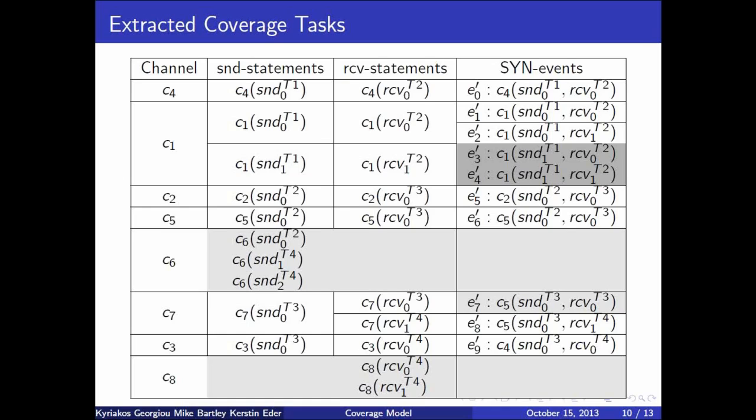The 2 events that are dark gray colored are 2 events that the user identified as not feasible to happen during any execution, due to the semantics of the program.